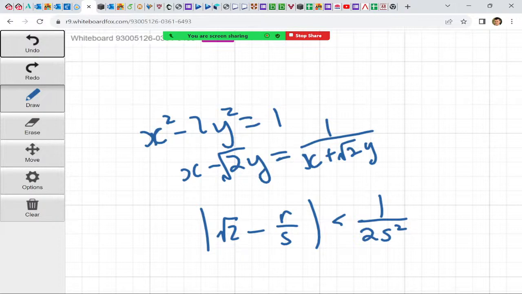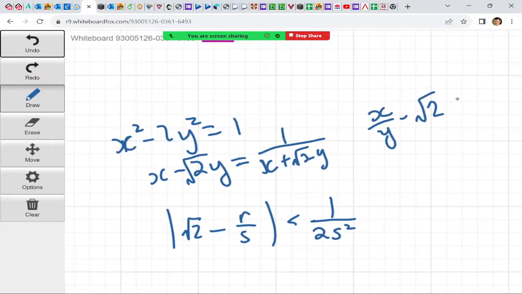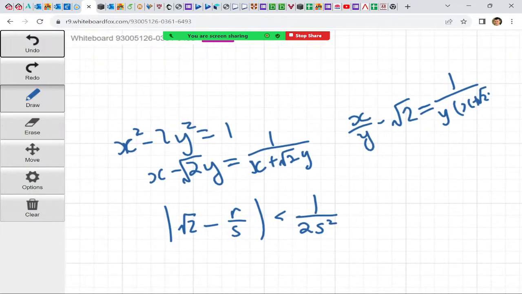So if you divide both sides by y, then you get x over y minus root 2 equals 1 over y times x plus root 2y. But the point is x is bigger than y, right?